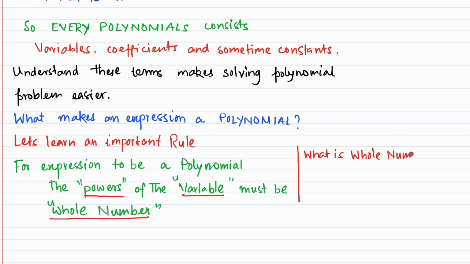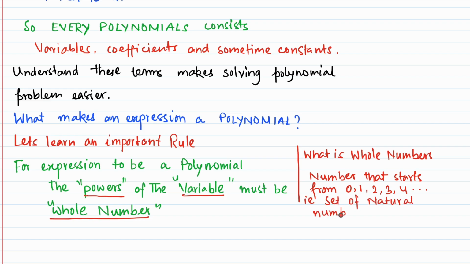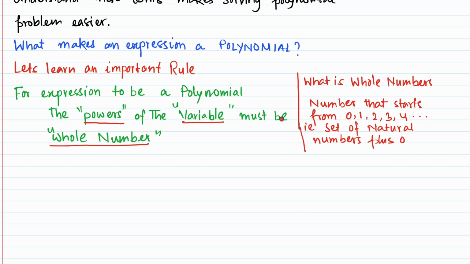Now what is a whole number? Whole numbers are the numbers which start from 0, 1, 2, 3 and so on. That is the set of natural numbers plus 0. These together constitute the whole numbers.